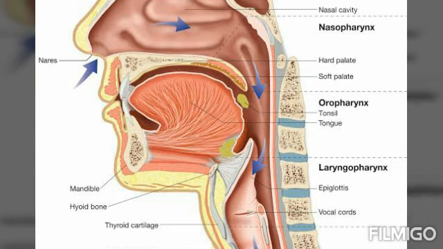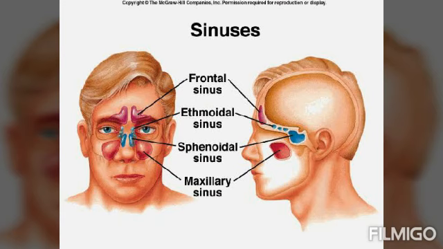There are mucus-secreting cells called goblet cells that line the nose and the nasal cavity. These goblet cells continuously secrete mucus to keep the nose moist. There are 4 pairs of bony cavities that are lined with the nasal mucosa. These are called paranasal sinuses.